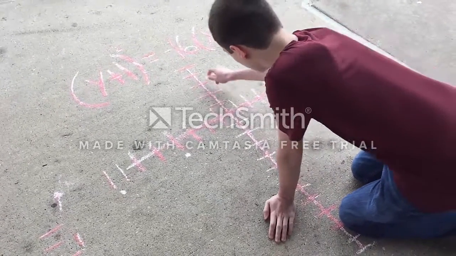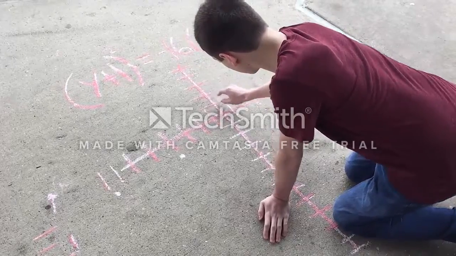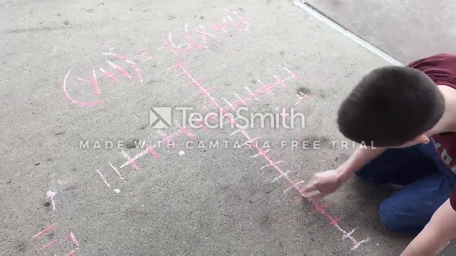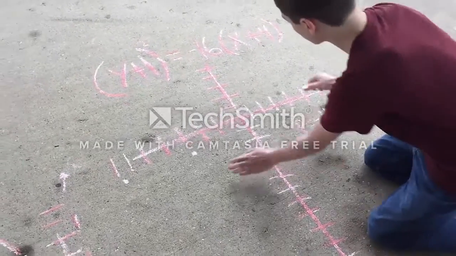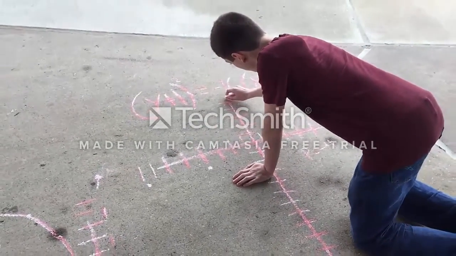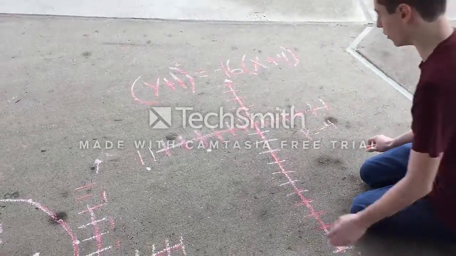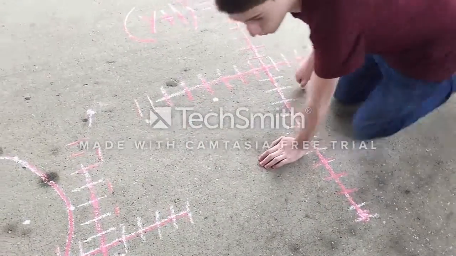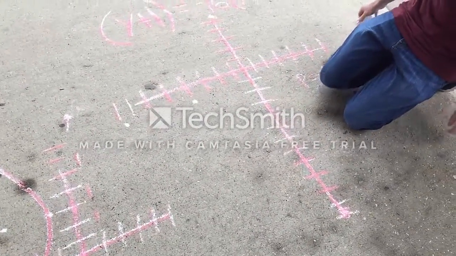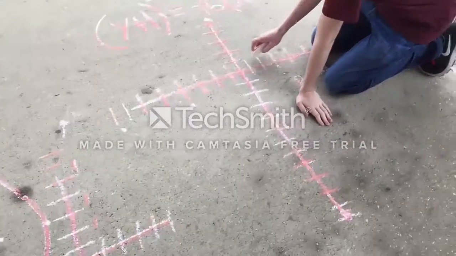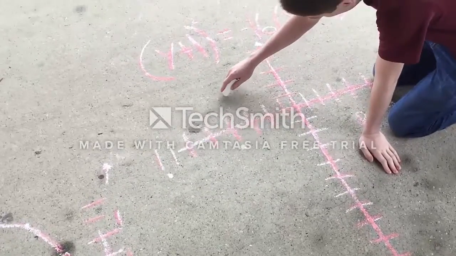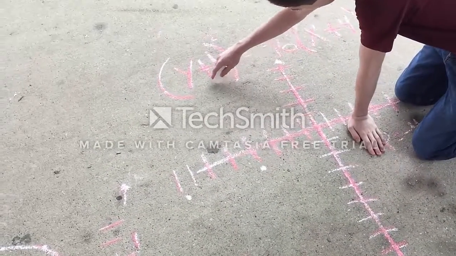And it's going to go basically along this line here. Okay, and then our focal length is going to be pretty large since it's 16. So we're going to go 8 in each direction. 1, 2, 3, 4, 5, 6, 7, 8.